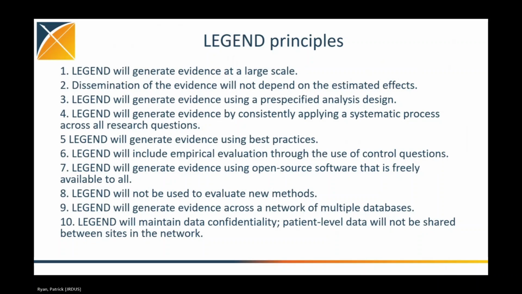We identified these principles of best practice so that we're going to generate evidence at large scale. We're going to disseminate everything that we had. We were going to pre-specify all the analyses we performed, apply only best practices, and maintain data confidentiality along the way. Ultimately, we saw this as a model for how evidence generation could be done that we wanted to invoke and apply in a consistent fashion to see how well it would play out.